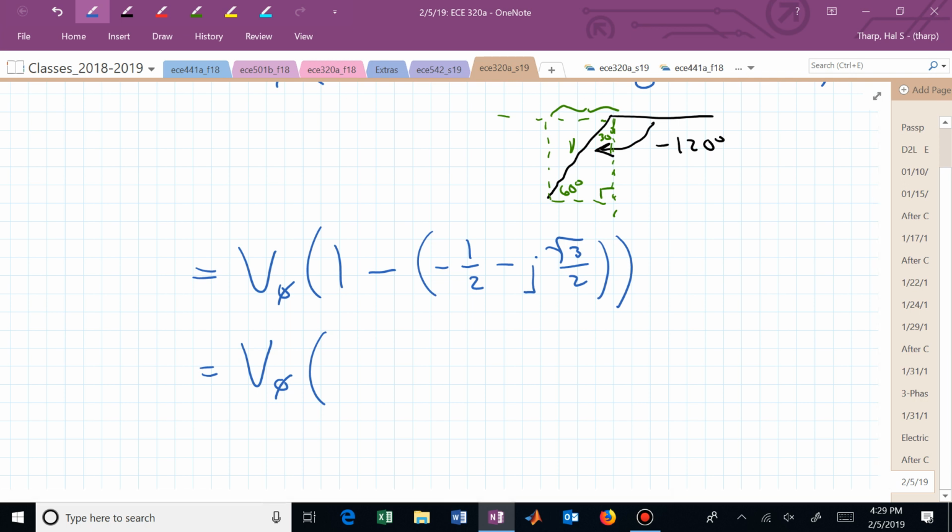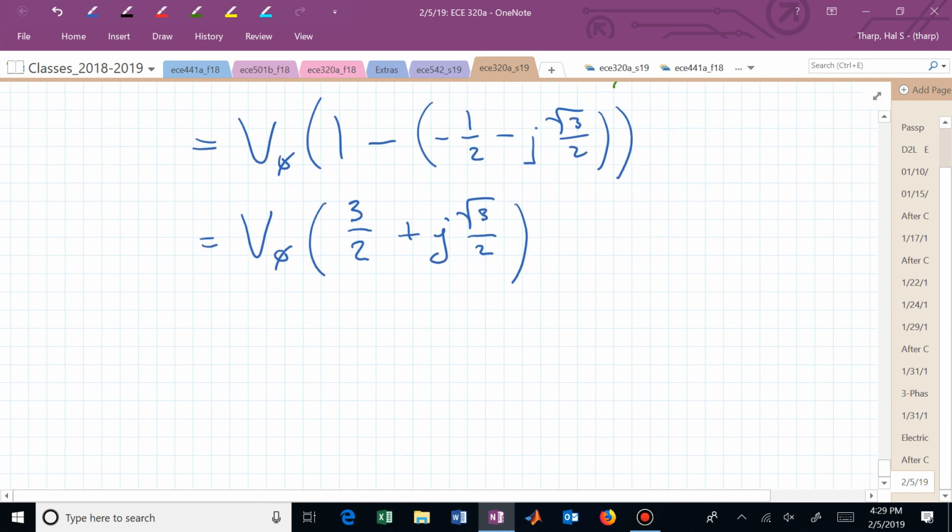So we have 1 plus a half, 3/2 for our real component. And we have a minus j square root of 3 over 2, or we have a plus j square root of 3 over 2. There's a complex number in rectangular form.